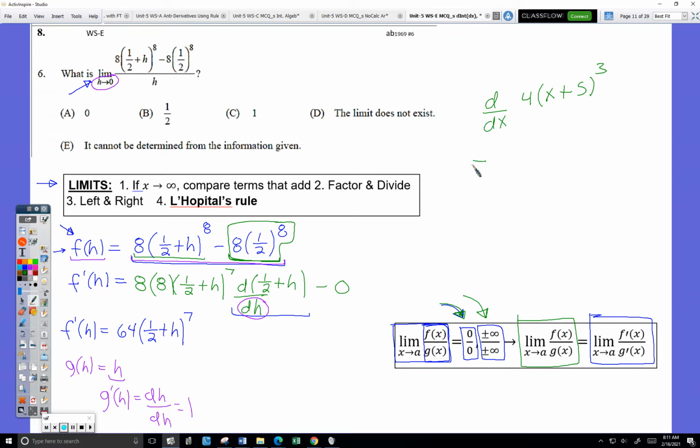And we would say, oh, the 4 is a multiplying constant, so just write it down. Then we got to bring down the 3. The new power is 2. And then you have the derivative of the x plus 5. I don't know if that helped. Does that answer your question? Yeah. 3 points. There you go.